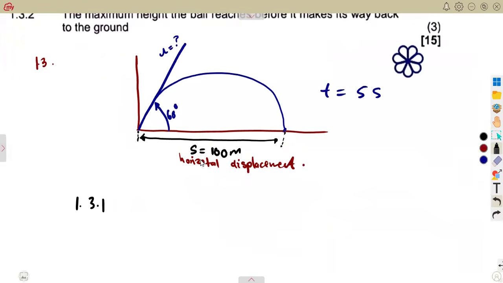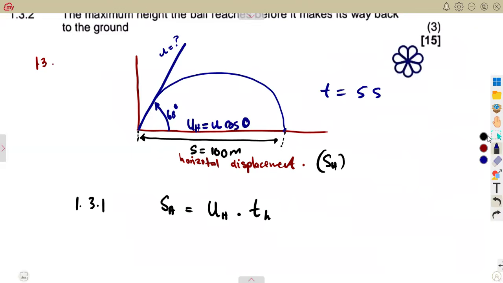The horizontal displacement, SH, is given as the horizontal velocity, UX or UH, times the time, which is 5 seconds. This horizontal velocity is given as U cos theta.